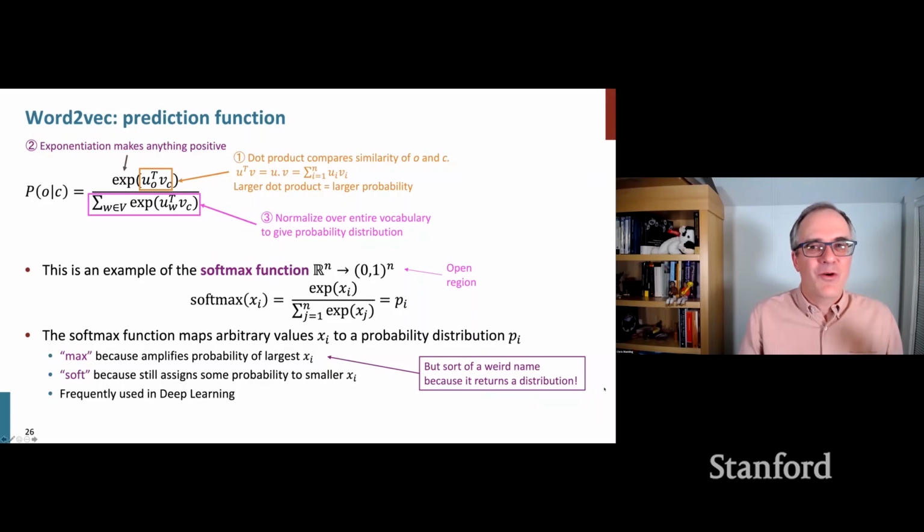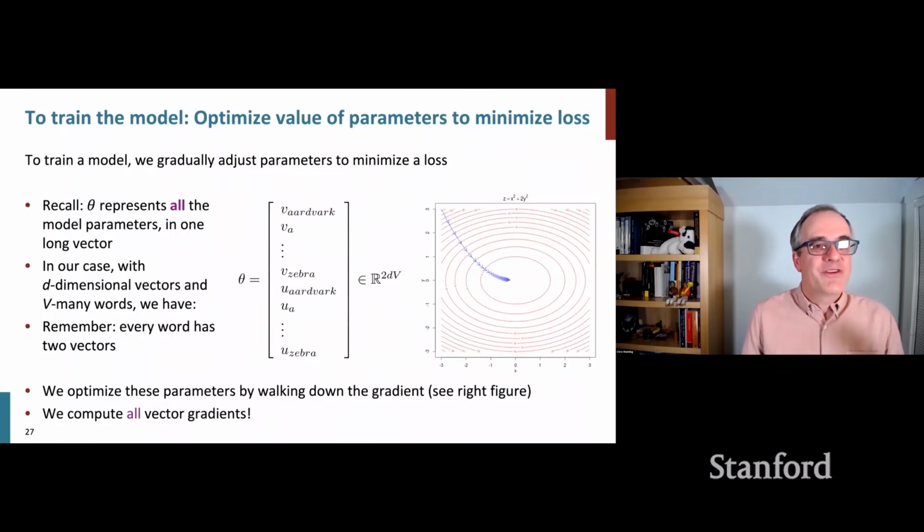Okay, so now we have all the pieces of our model. And so how do we make our word vectors? Well, what we want to do is fiddle our word vectors in such a way that we minimize our loss, i.e. that we maximize the probability of the words that we actually saw in the context of the center word. And so theta represents all of our model parameters in one very long vector.